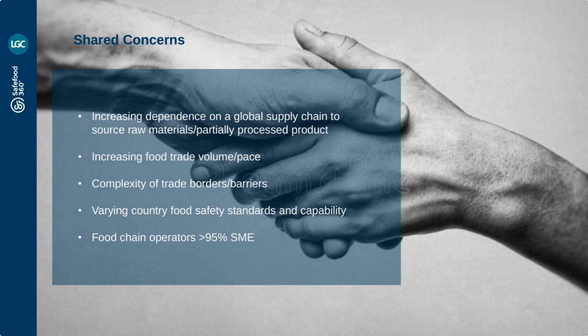They need to not only meet their own requirements, but also be compliant with ours for us to be able to utilize them. And then the food chain operators, and this can be argued, but greater than 95% of them are small to medium enterprises, and they may not have the backing or the resources to make the changes in their own system to become compliant.